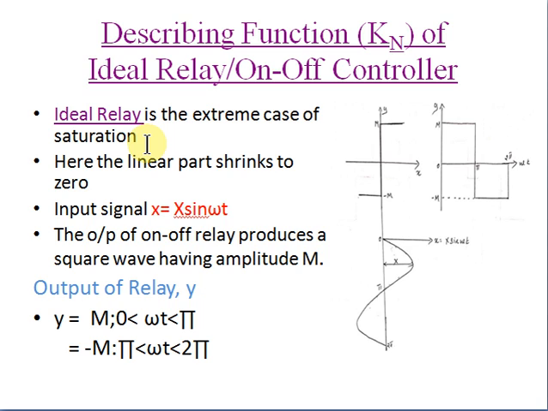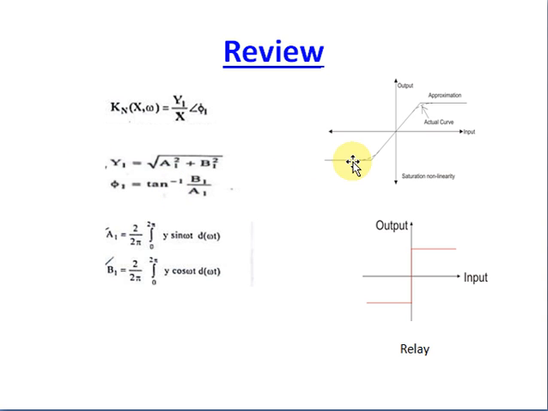Why is relay called an extreme case of saturation? Just go through this slide. In the case of saturation, the output is proportional to input up to a particular value, and after that the output is constant.